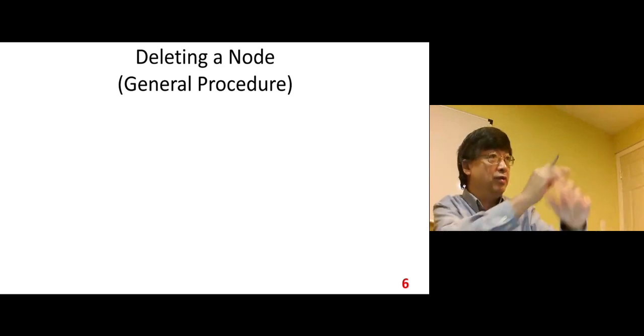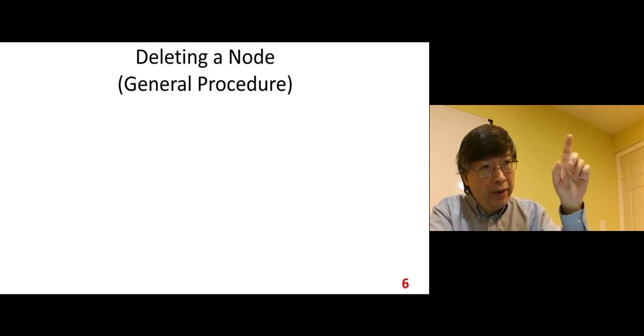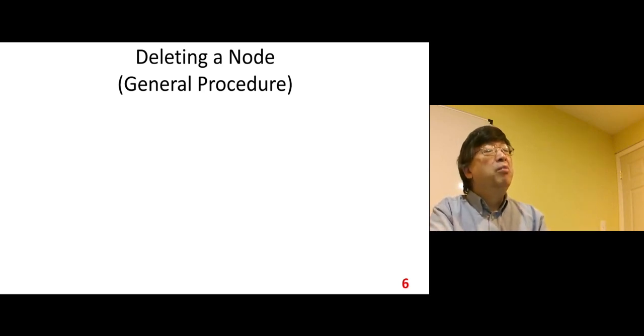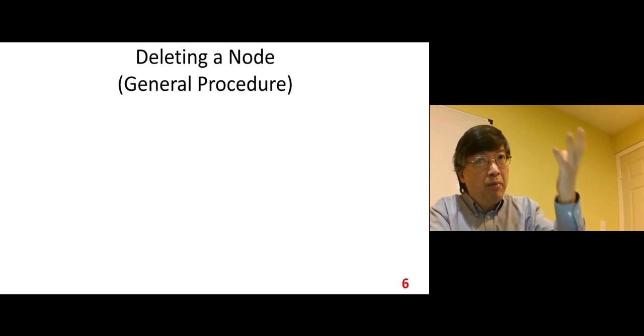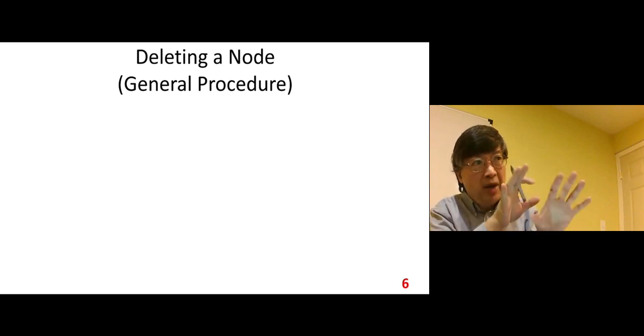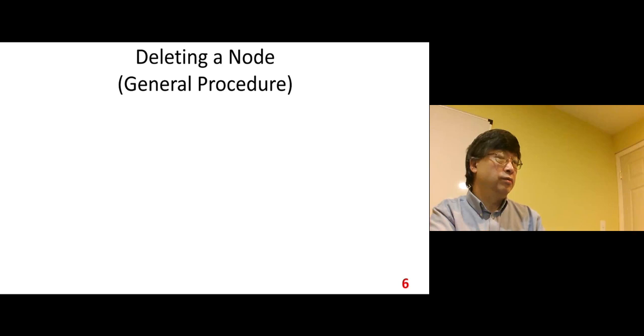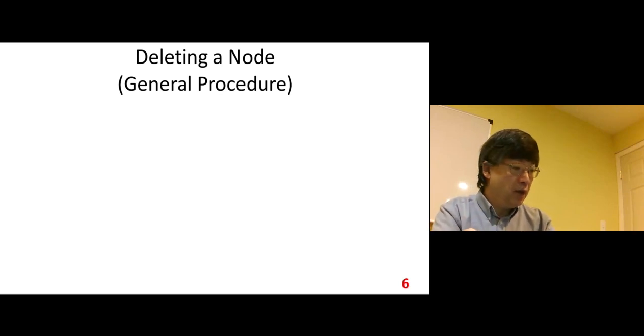You just destroy the whole subtree. But deleting a node, you may break the binary search tree structure. So you need to consider how to still maintain the binary search tree structure. You don't want to change that. So that's why it is a little harder.